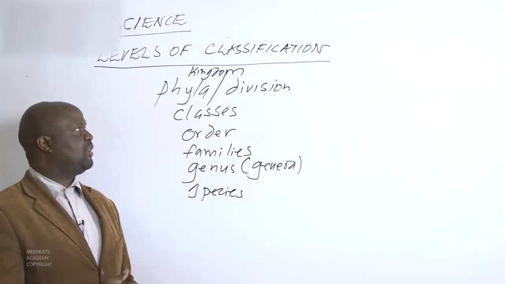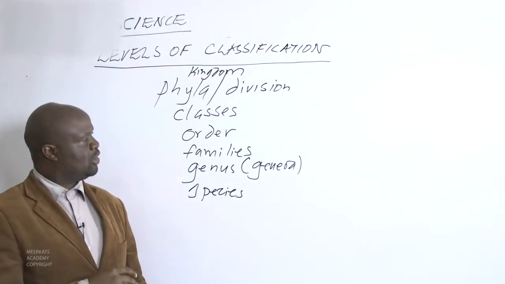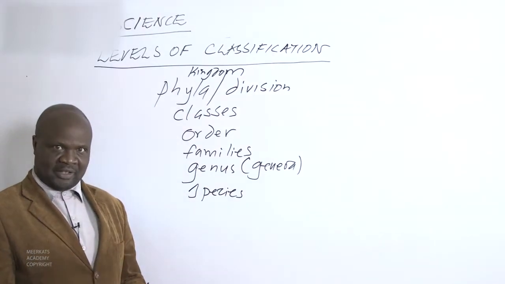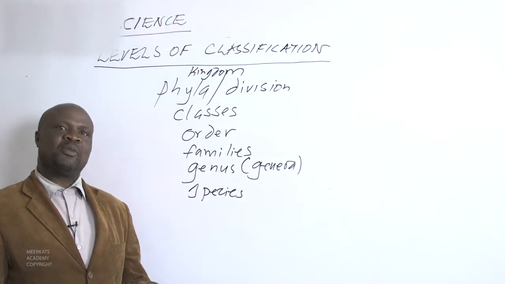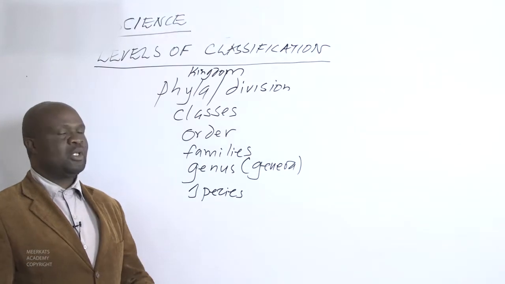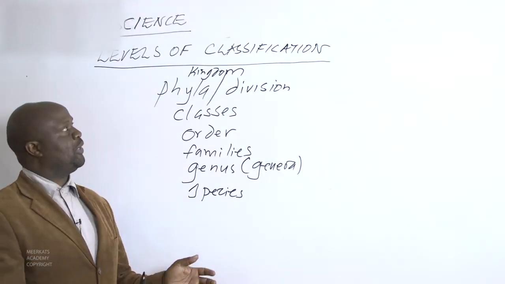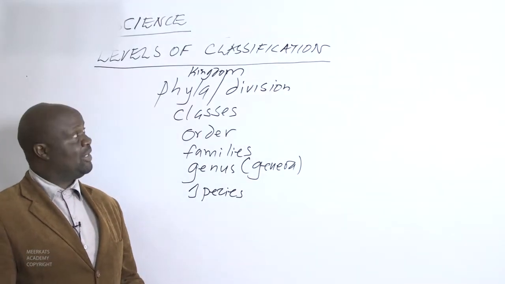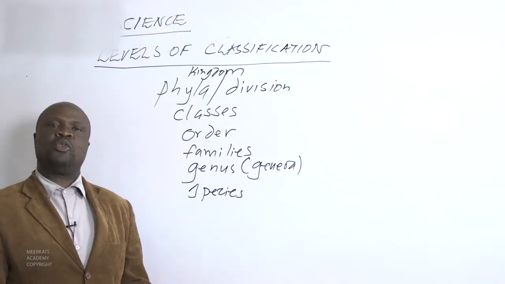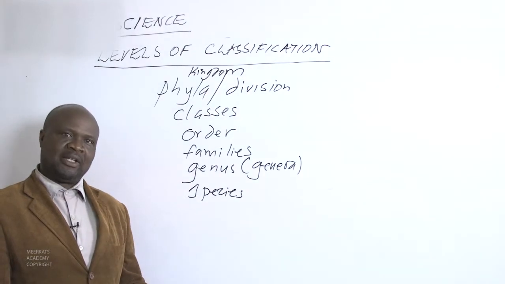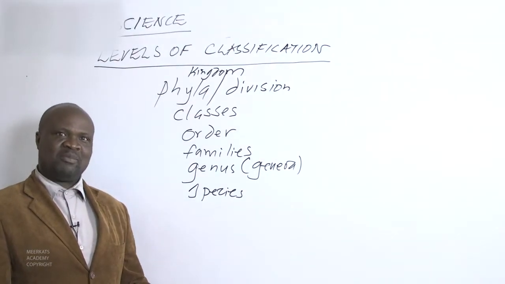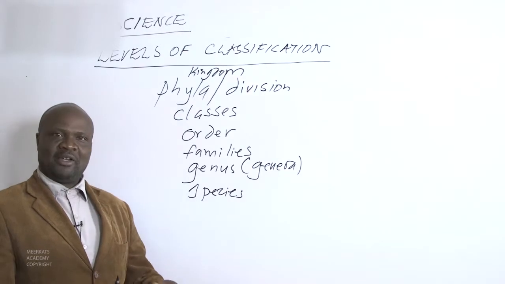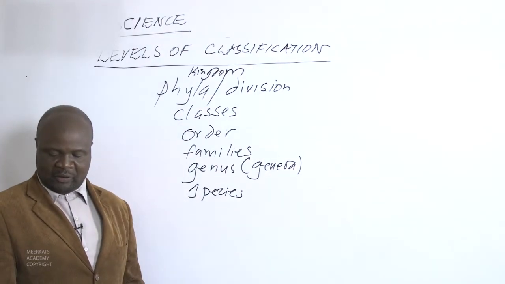Then after having the structural representation of these levels of classification, which we use for identifying different organisms, we shall pick examples from the animal kingdom, and then we shall classify a particular organism in the animal kingdom. Then also we shall pick examples from the plant kingdom. Then we shall also classify those organisms in these levels.